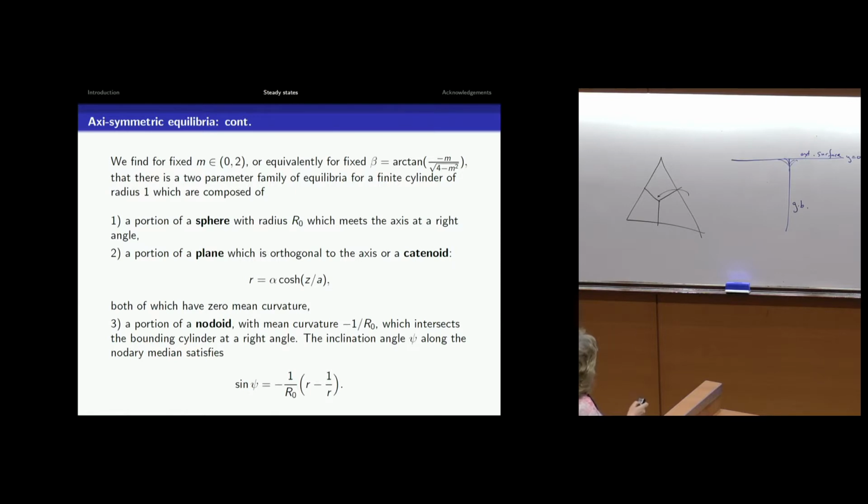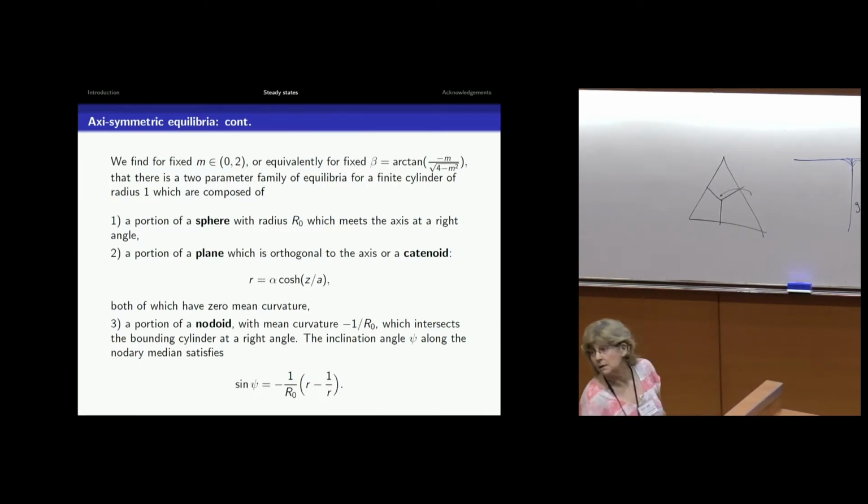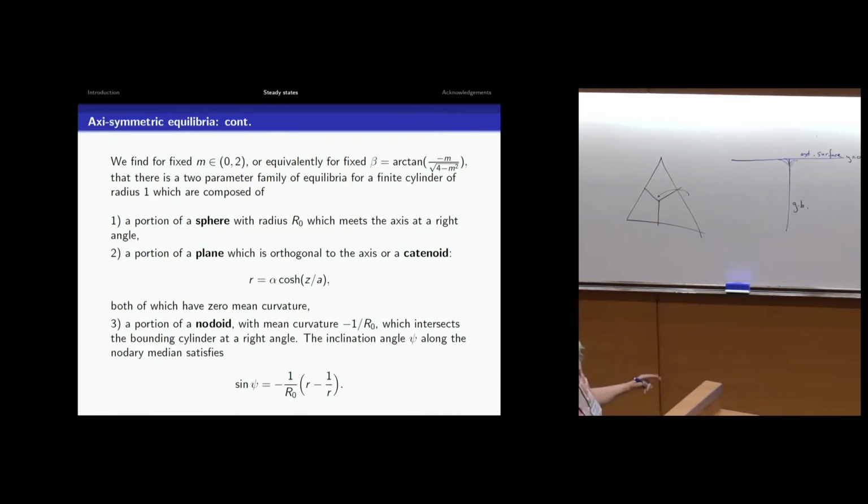And we find that there's a 2-parameter family of equilibria for a finite cylinder of radius 1. They're made up of this sphere, which has radius r0, and it has to meet the axis at a right angle. And it also has this catenoid, and if the catenoid gets down to 0 height, then it gets replaced by a portion of a plane.